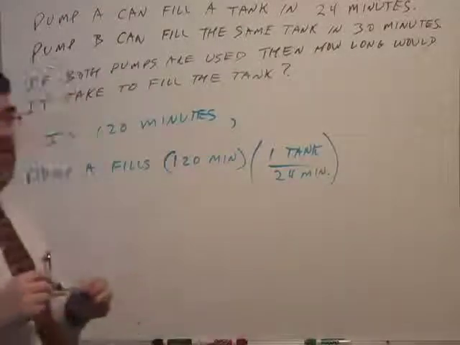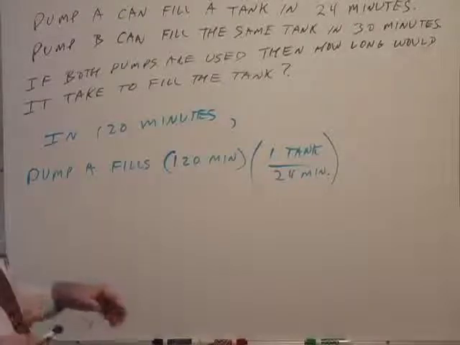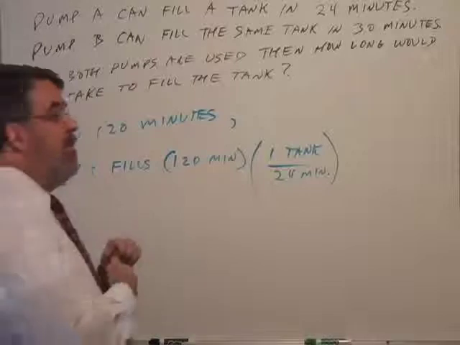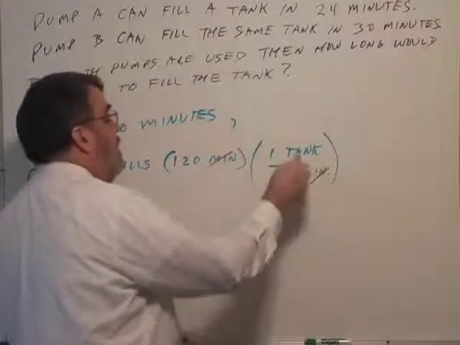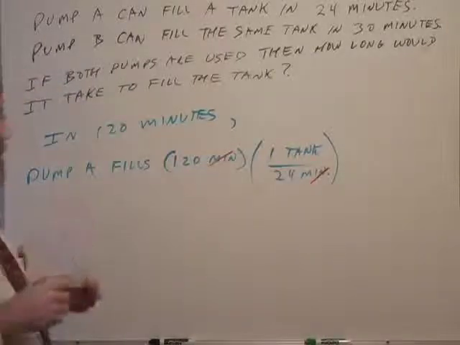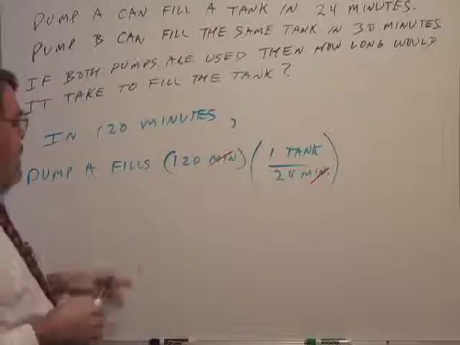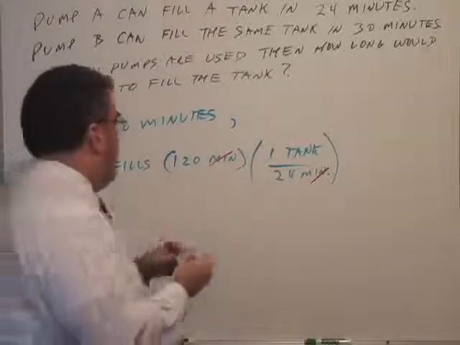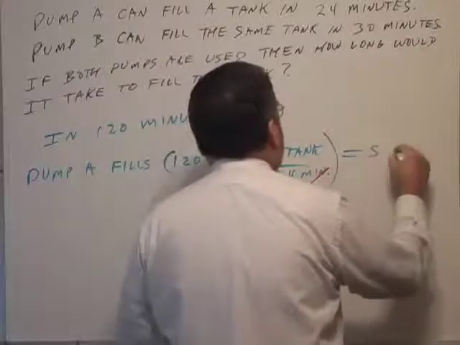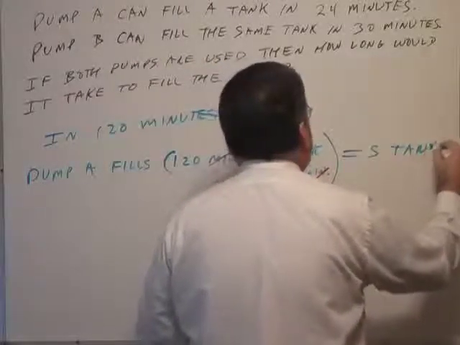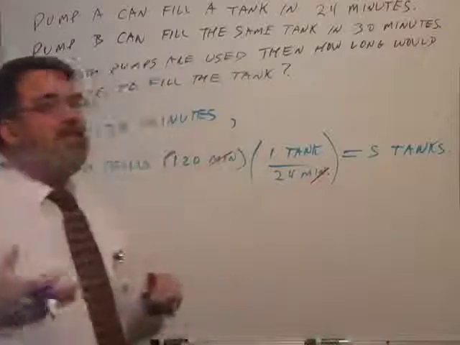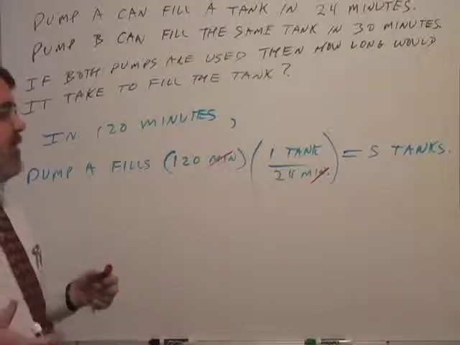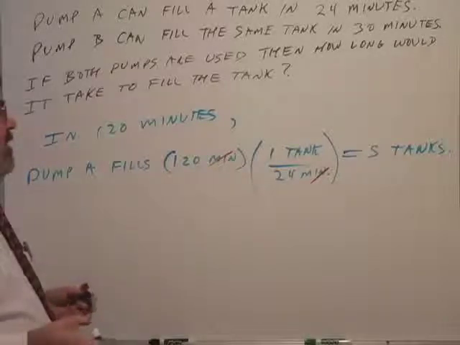And if I multiply by the time, 120 minutes, then the minutes units cancel. I'm left with tanks. That tells me how many tanks it fills. Now 24 will divide into 120 5 times, so it fills 5 tanks. And you can start to see why I chose 120, because I'm not getting fractions or anything like that. I'm just getting nice round numbers here.